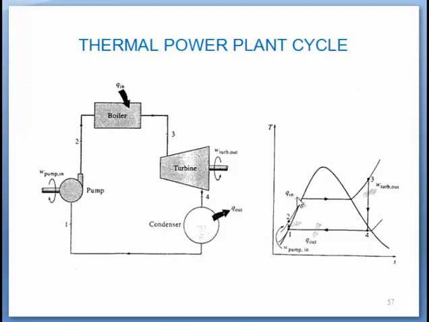Then when the feed water reaches the saturation temperature, phase transfer or latent heating takes place, where the saturated feed water gets converted into dry saturated steam, and this in-between zone is basically your wet zone, where both the phases, liquid and vapor, coexist. This line shows the boiler pressure limit. This line shows the condenser pressure limit.